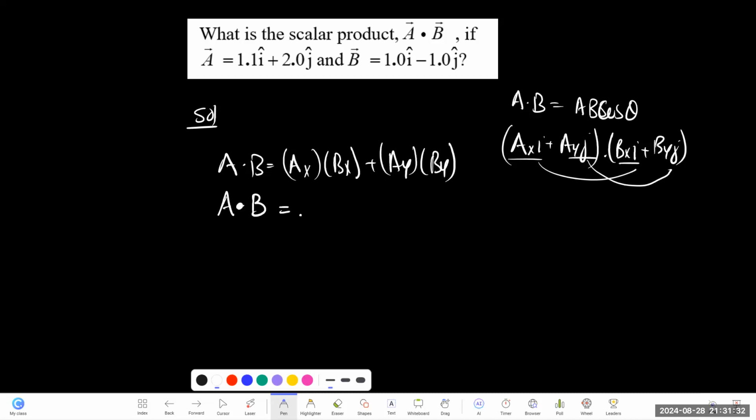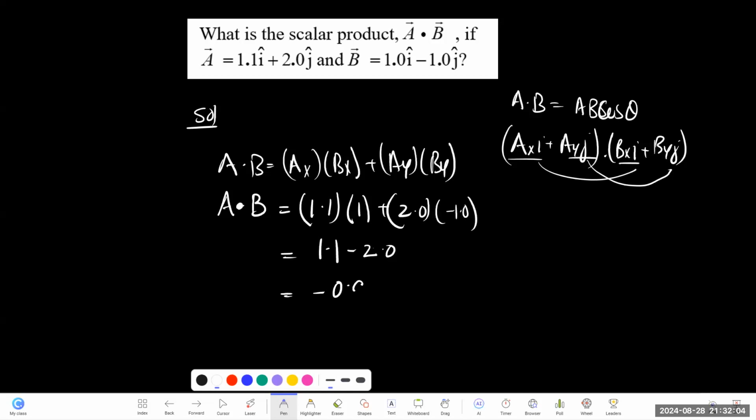It's going to be minus 1.1 times 1 plus 2.0 times minus 1. So if I multiply, the answer will be minus 1.1 plus minus 2.0, which together gives the final answer for A dot B.